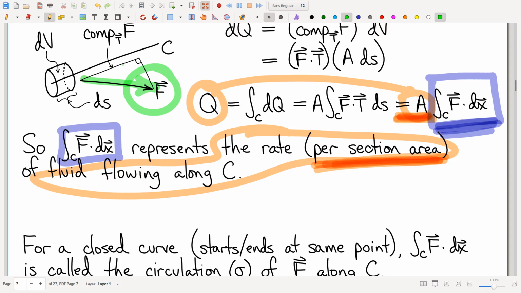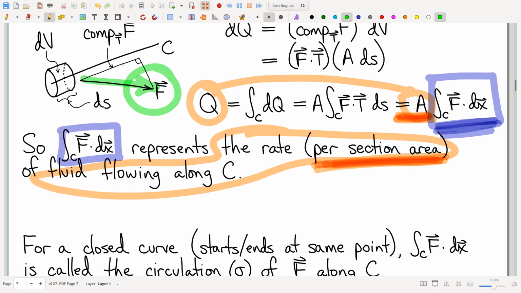I want to confess that there is something unsatisfying about this interpretation, because isn't it nice when answers to questions are physical quantities that we already have familiarity with? So, for example, if the answer to this question had been something like mass, then yay, we're happy with that answer because we know what mass is.